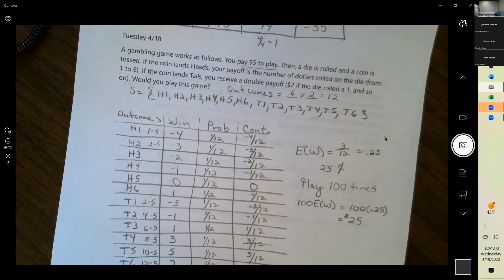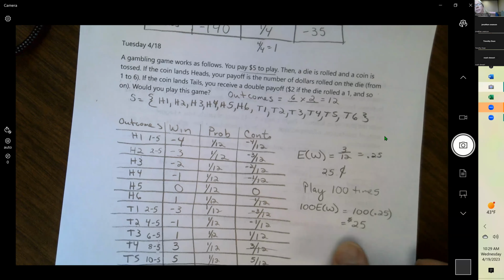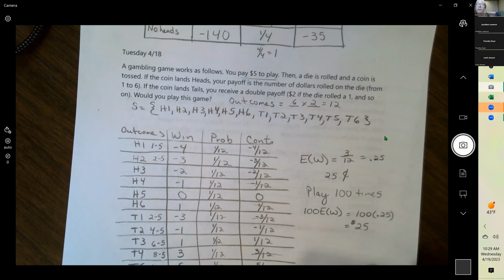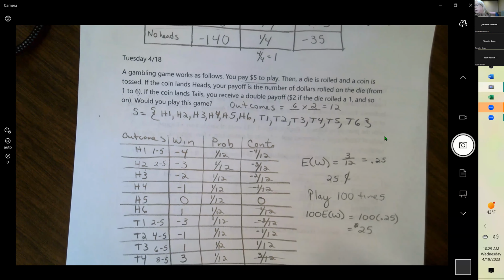As long as your chances are pretty equal. Any questions on that? So make sure you write a couple sentences about whether you would play or not.